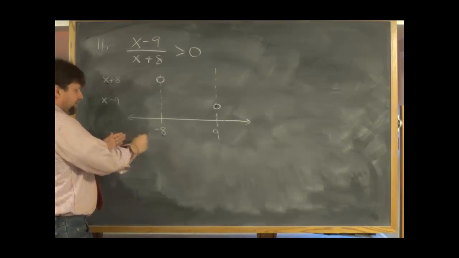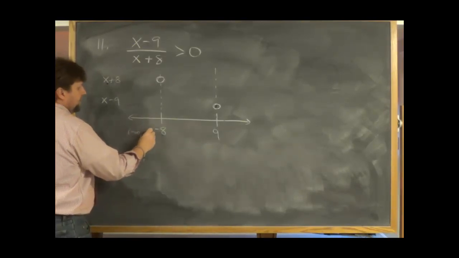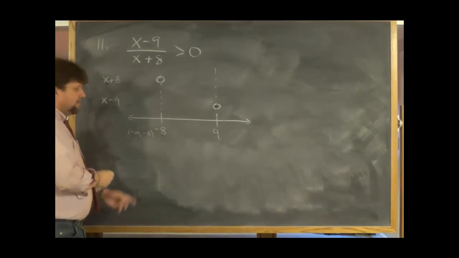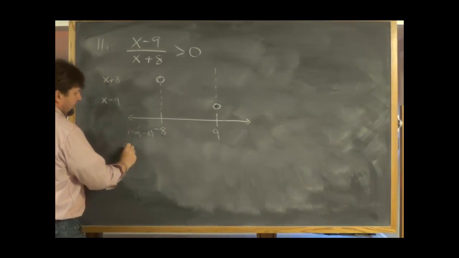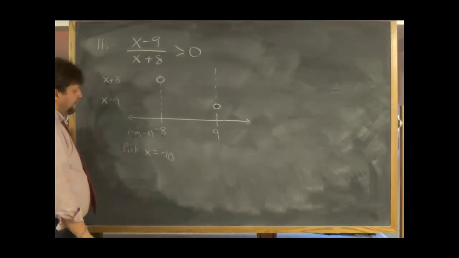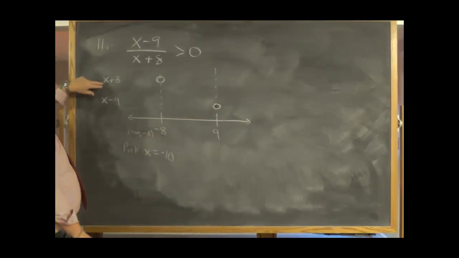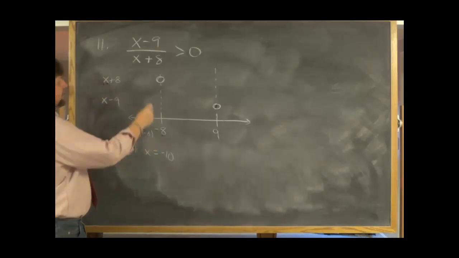And then here's the trick. In this interval from negative infinity to negative 8, pick a value of x that you know is definitely in this interval. I'll pick x as negative 10. Negative 10 plus 8 is negative 2. I don't care that it's actually negative 2. All I care about is that a negative came out.